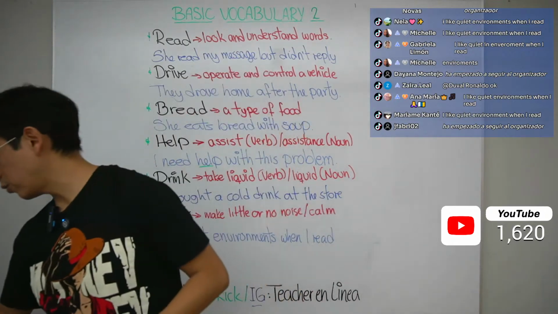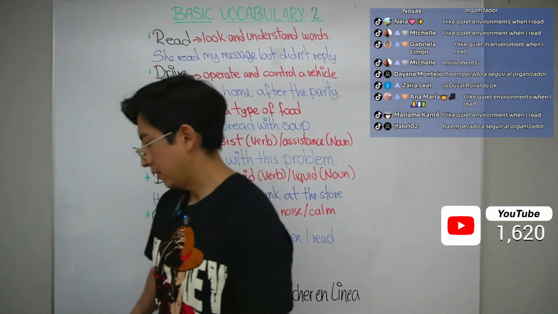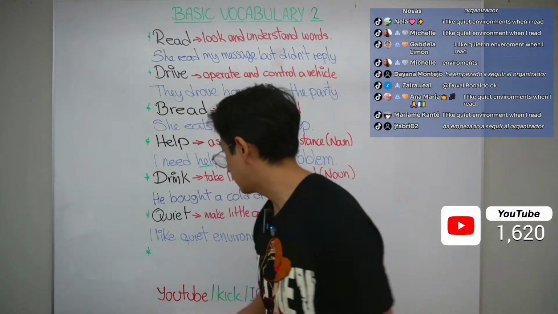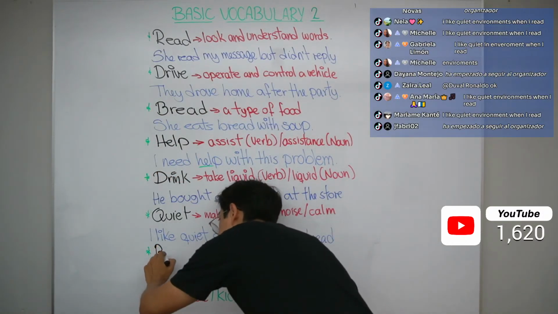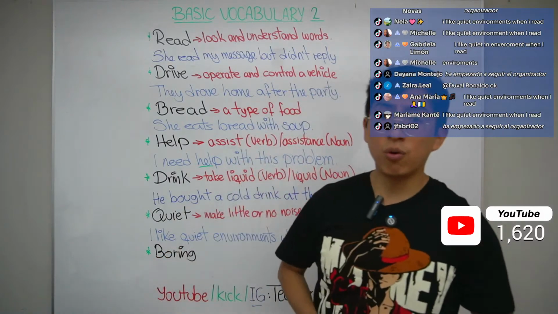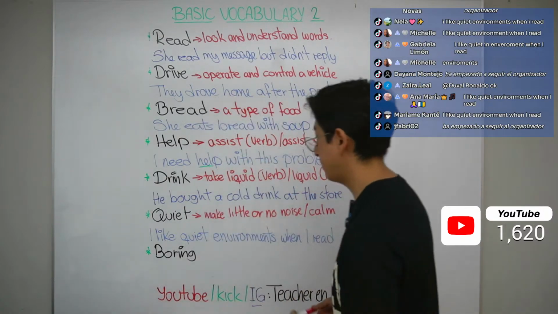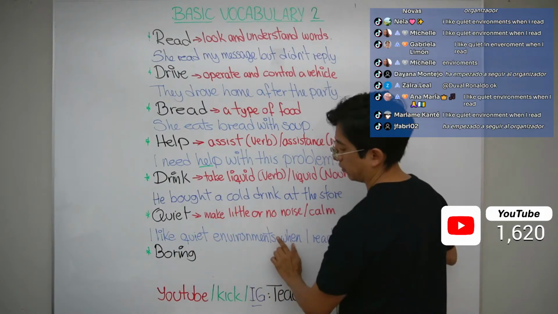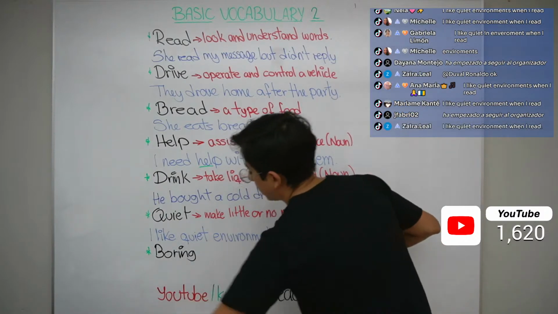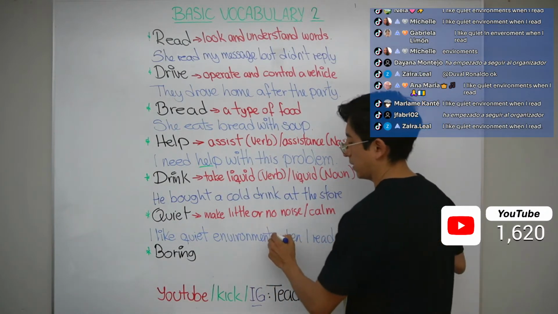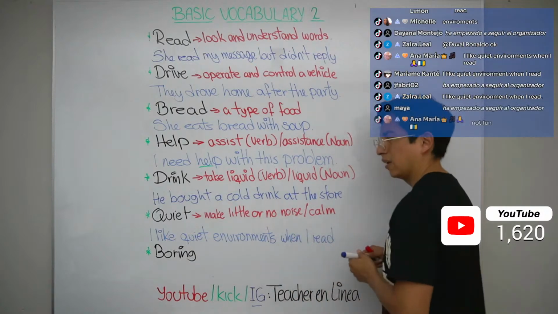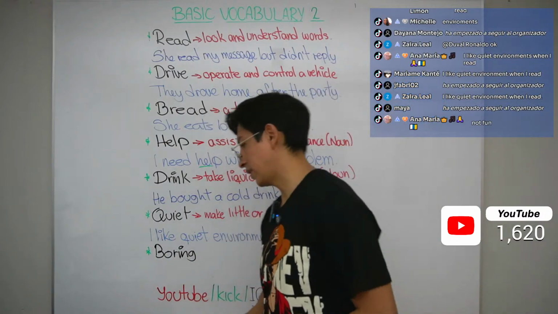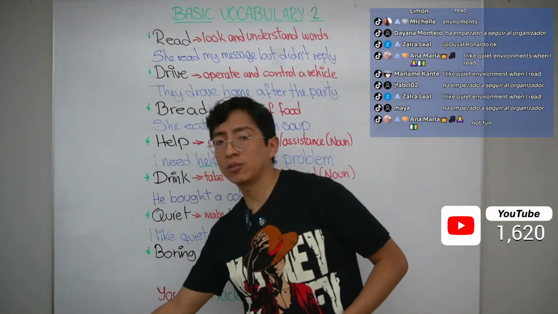And the last word, guys. The last word is this. Boring. Guys, what does boring mean? Environment. This here can be ambientes. If you only use environment, it could be the natural environment. But here I'm saying that I like quiet environments, quiet spaces. Okay. Not fun. Okay, that's a good definition.